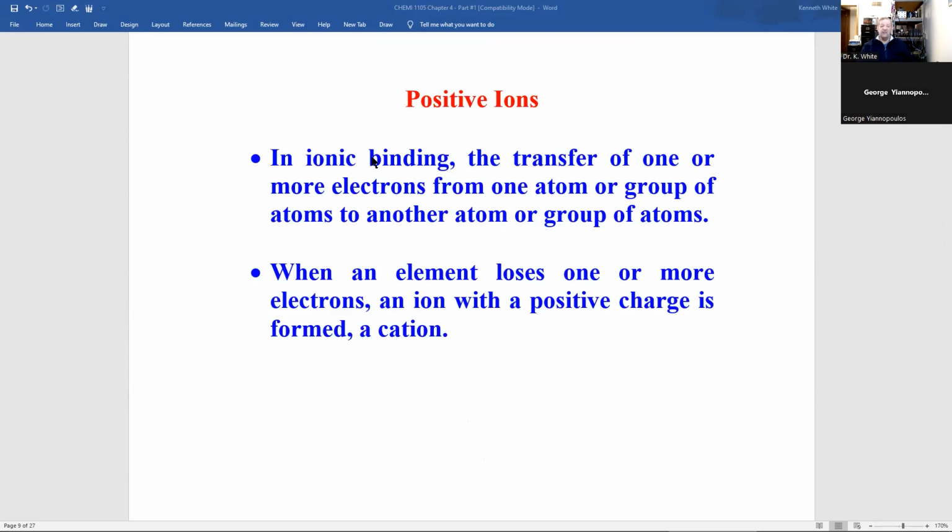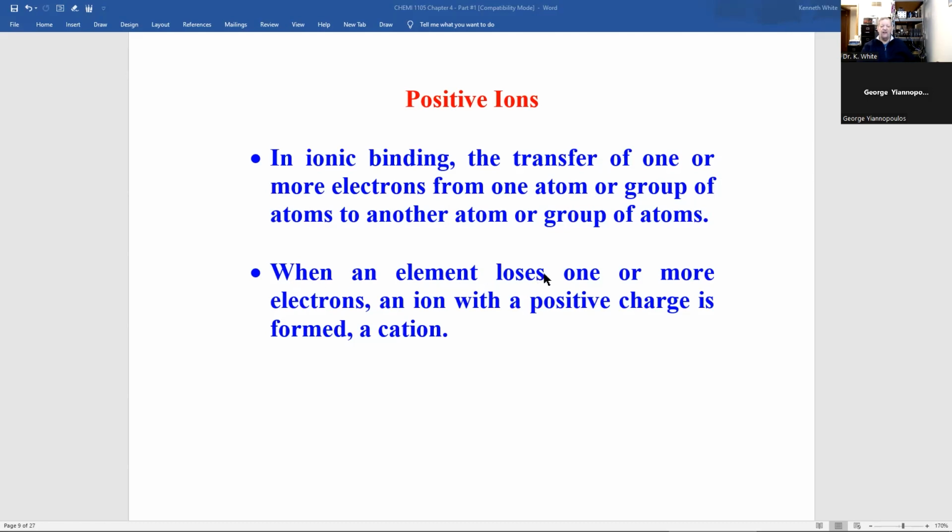You should know this. I won't ask for the definition, but in ionic bonding, atoms transfer one or more electrons from one atom or a group of atoms to another atom or another group of atoms, which causes ions.